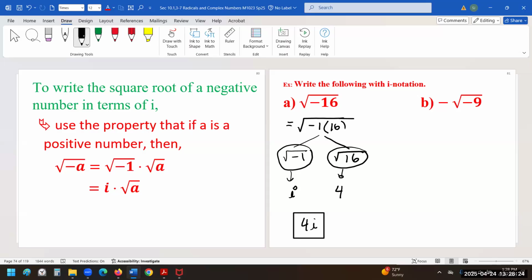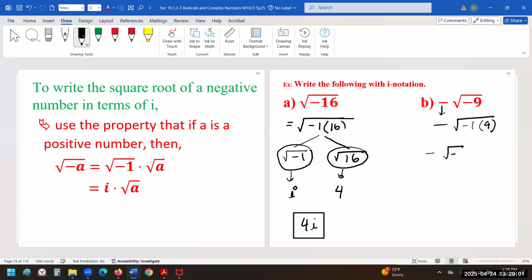How about the next one? What do you think about the next one? We have a double negative. What's the role of the first negative? The first negative is what? Bring it down because it's a multiplication. Anytime you start with a negative, it means it's a multiplication. So for every multiplication, you bring it down. And then you see the negative 9 is negative 1 times the positive 9.